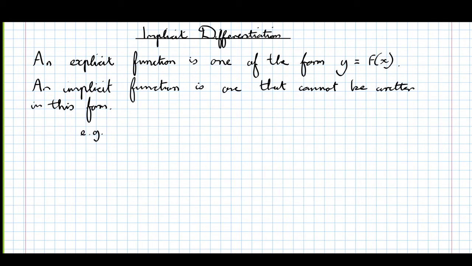would be, let's say, e to the y plus sine x plus ln of x equals cos of y. And there's absolutely no way that we're going to be able to use algebra to make this say y equals and have all the y's gathered up in one place.